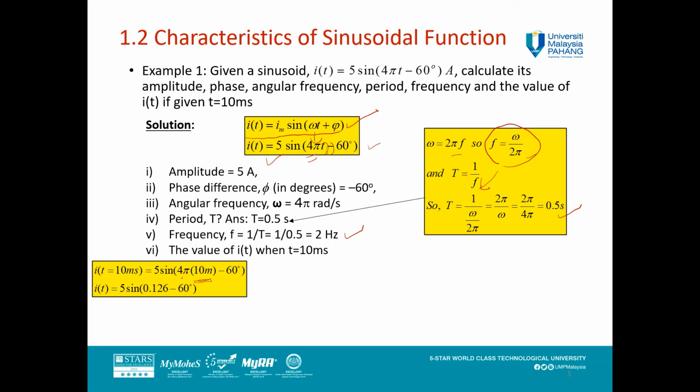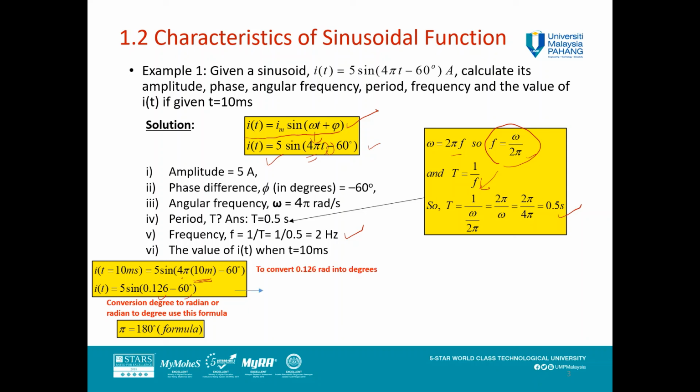Now your equation, you kena decide lah. So 0.126 dalam bentuk radian, 60 in degrees. So which one you want to use, either in degrees or in radian? You must select it first lah. So conversion degree to radian or radian to degree, use this formula. Pi equals to 180 degrees.